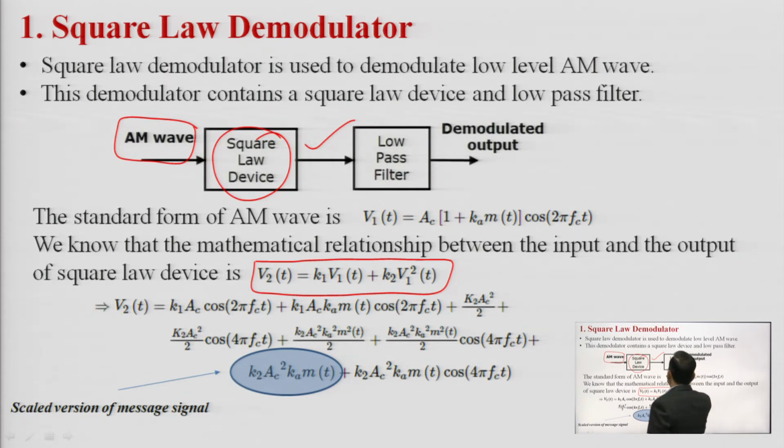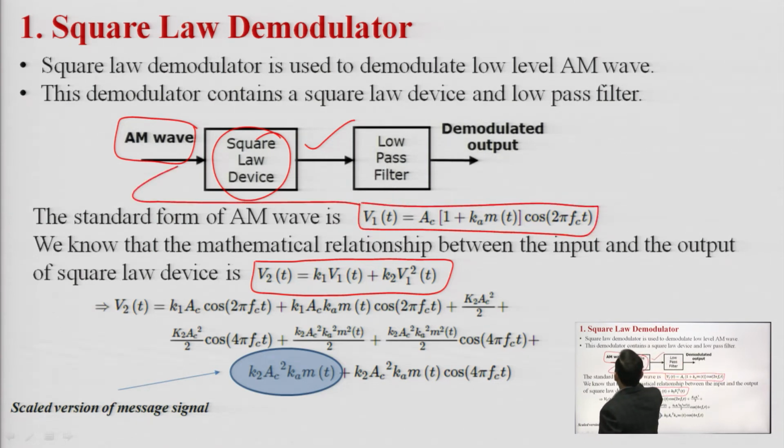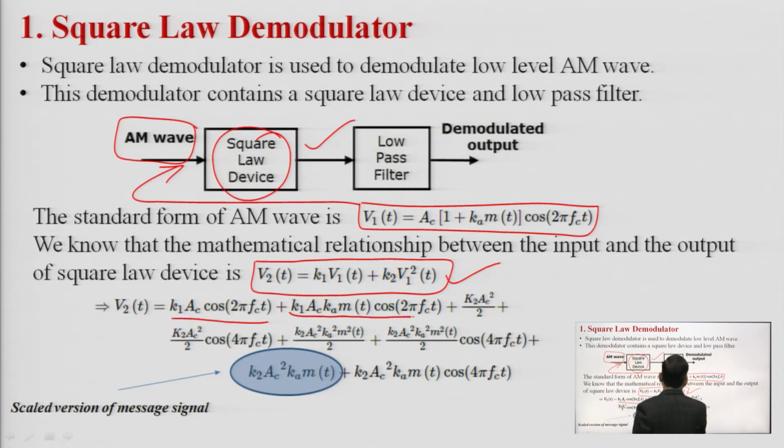This square law device is performing the square of V1(t). Then we will achieve this first term, second term, third, fourth, fifth, sixth, seventh and eighth terms.